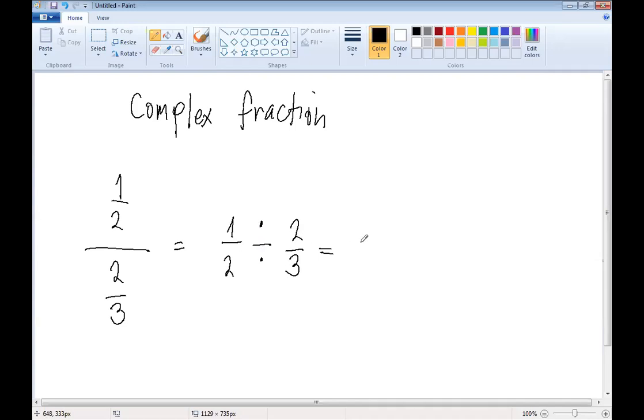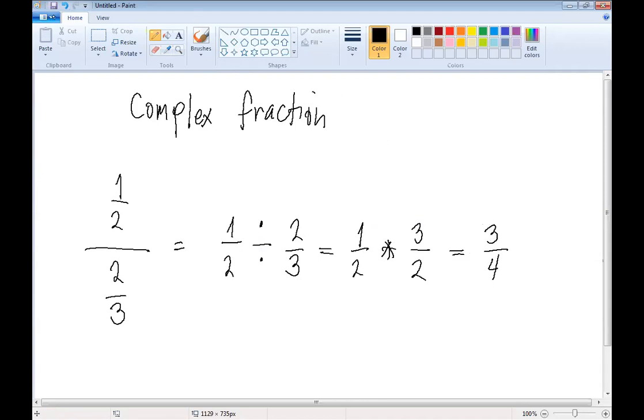Therefore we will have 1/2 times 3/2, and the result will be 3/4. Again, in solving fractions, make sure the answer is in the lowest term. You have to reduce it to the lowest term.